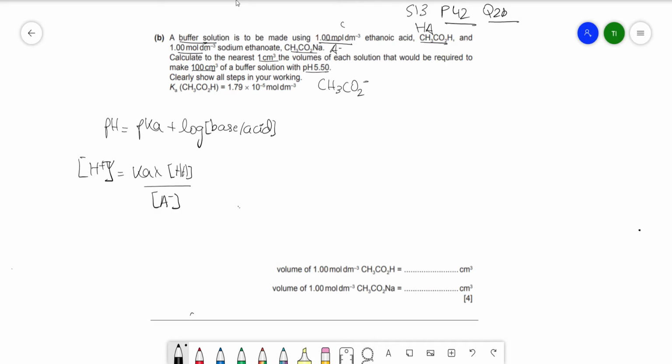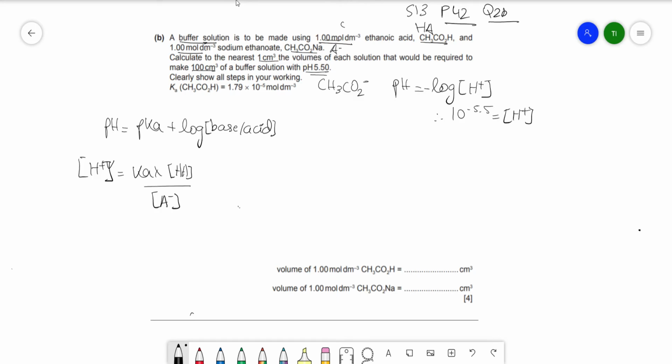And so first, you tackle the easy stuff. Calculate the concentration of H⁺. Using pH is equal to minus log [H⁺], 10 to the power minus 5.5 is your concentration of H⁺.